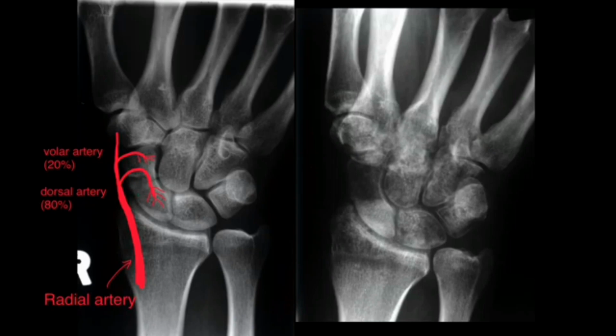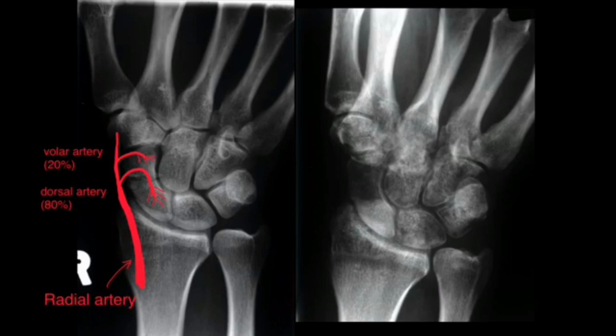Now, depending on where the fracture is with relation to this artery determines whether or not avascular necrosis is going to take place. The volar artery supplies 20% of the scaphoid and is usually unaffected by the waist fracture. And so, this can often lead to avascular necrosis if it's poorly treated or not promptly treated.